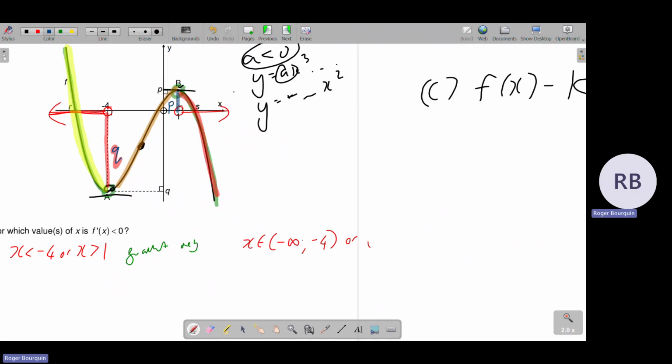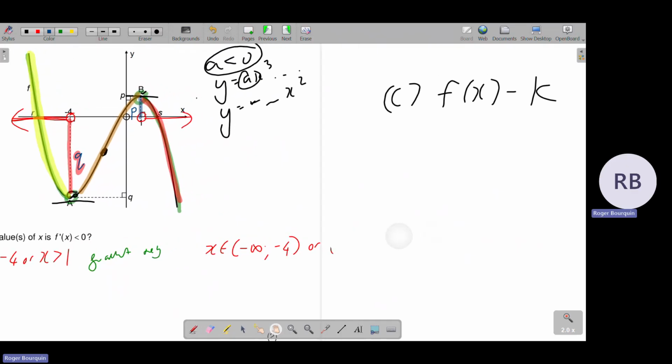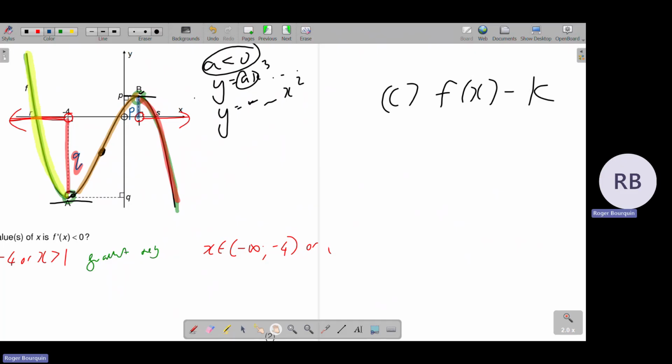Oh, you're saying K is bigger than, less than? It has to be greater than that. Yes, so K must be greater than... Oh, yeah. Oh, P. Must be greater.